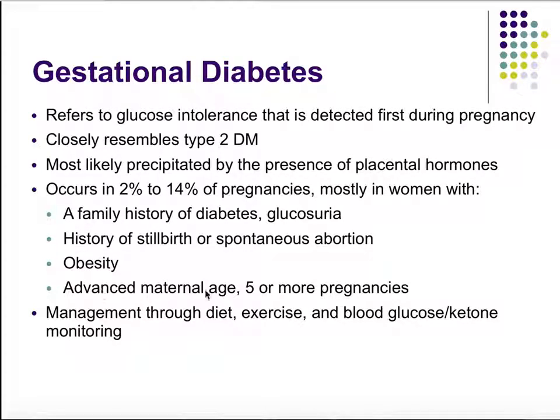And then advanced maternal age, as well as having multiple pregnancies, so 5 or more pregnancies. So these would increase your risk. But again, you can have all of these and not develop it. And because it closely resembles type 2, you really try to manage it through diet and exercise. But if you can't, then obviously medications will help manage your blood glucose so that you don't negatively impact your health and your baby's health.